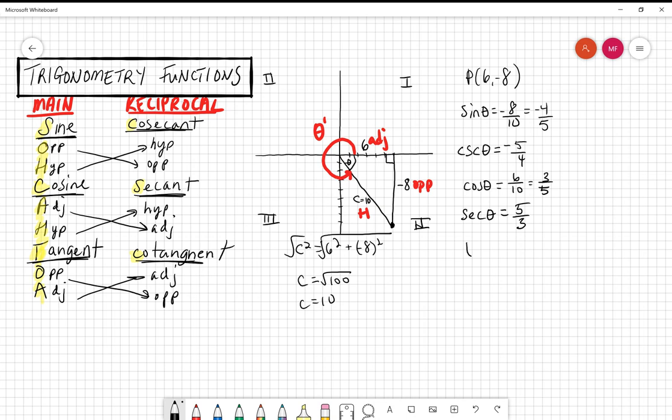And then lastly, tangent and cotangent. Tangent is opposite over adjacent. So the opposite is -8 over 6, -4/3. And then cotangent theta is -3/4. And that's it. All right.